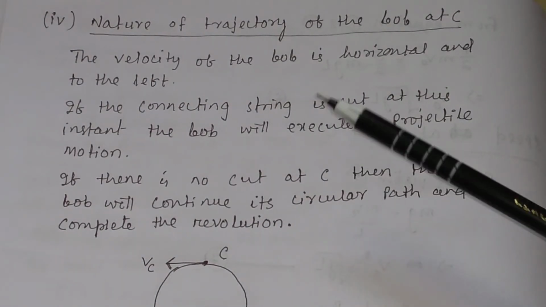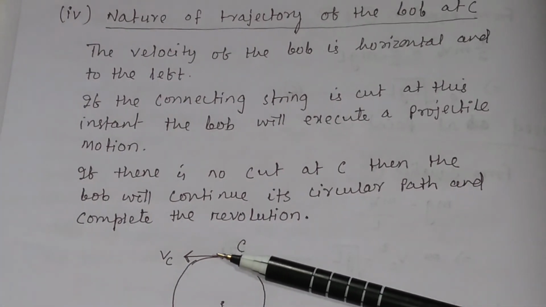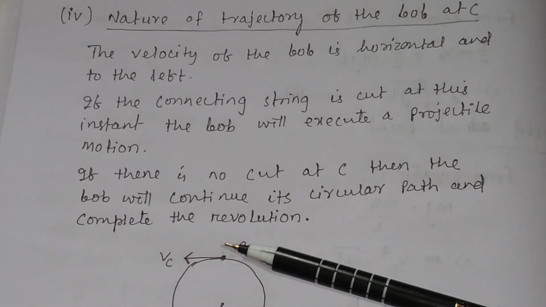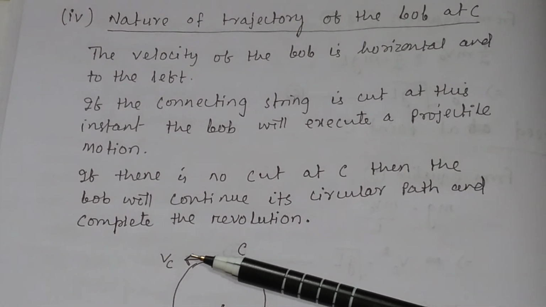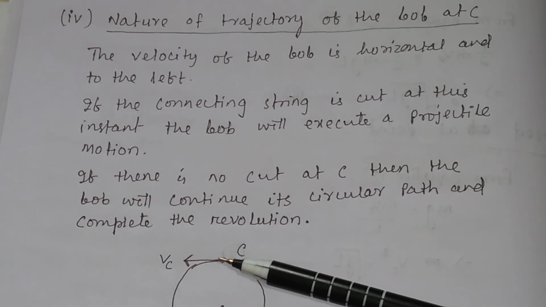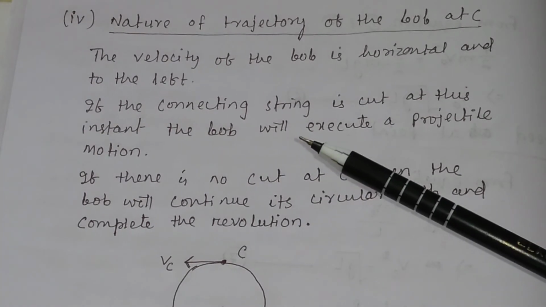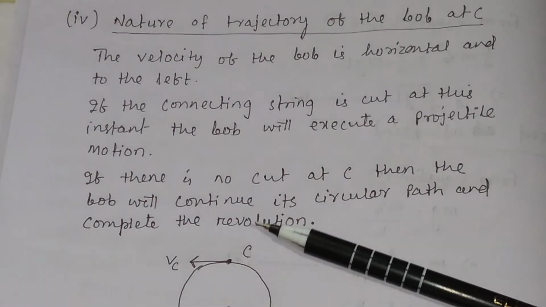And the next question is, what is the nature of the trajectory of the bob at the point C? The velocity of the bob is horizontal. At the point C, the velocity of the bob is horizontal, and it is to the left side. If the connecting string is cut at this instant, the bob will execute a projectile motion.